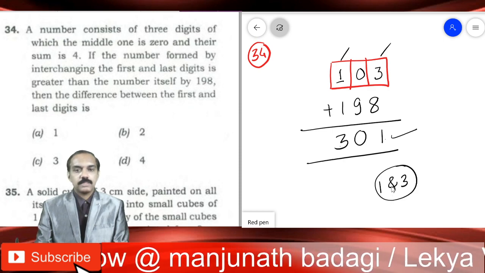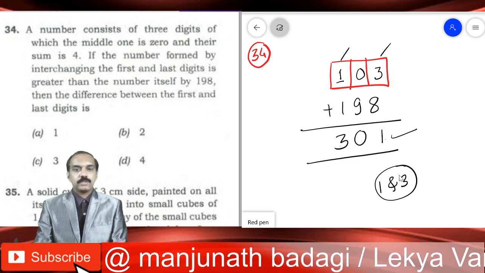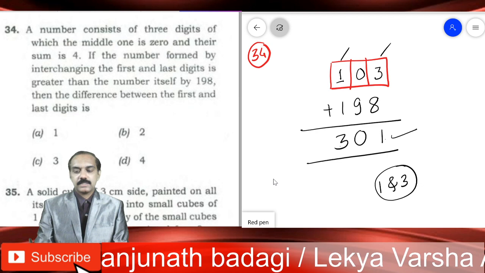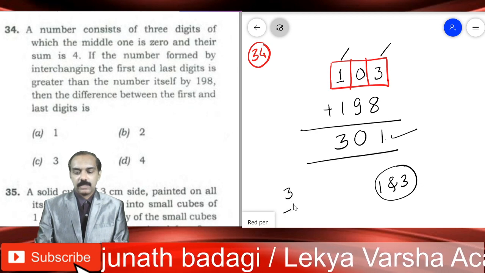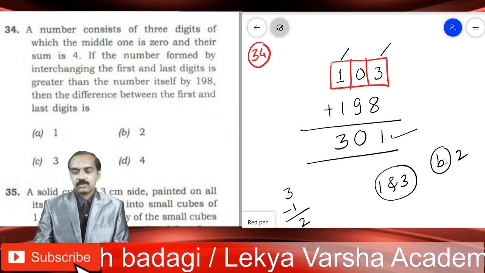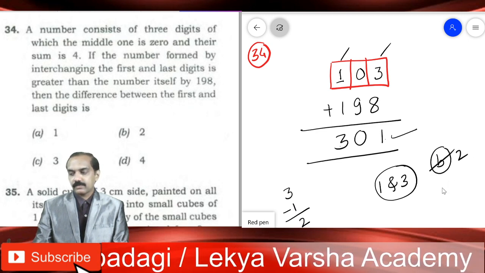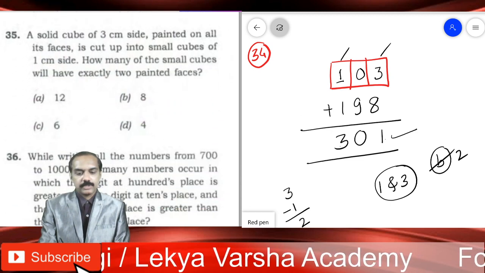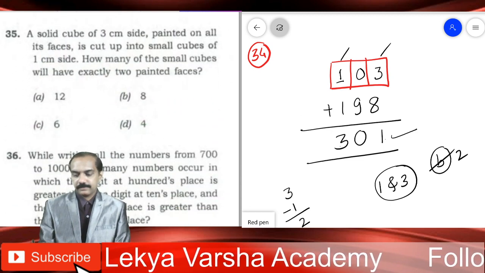And the question is the difference between the first and the last digit. This is the first digit, this is the last digit. The difference between 3 and 1 is 2. Therefore, second option 2 is the correct answer. Right? Moving on to problem number 35.